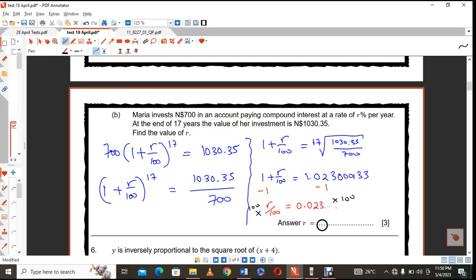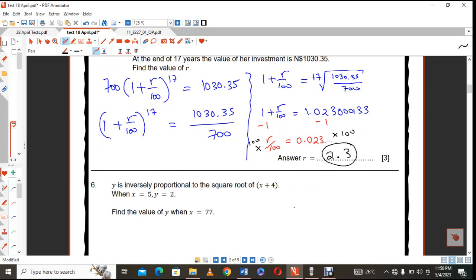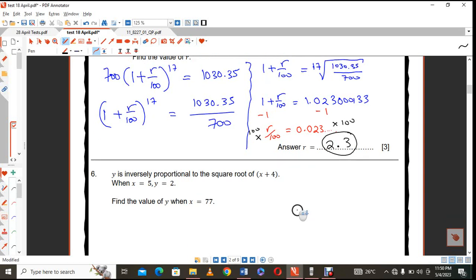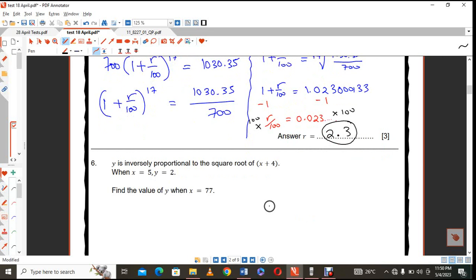When you multiply by 100, the comma is just going to move 2 places. So the answer is about 2.3%, or R is 2.3. That is an acceptable way of solving this. There is no need to do logarithms. You get the same answer eventually, but no need. You can just take the 17th root of that and solve it. Anyway, 2.3 is the answer for the rate.